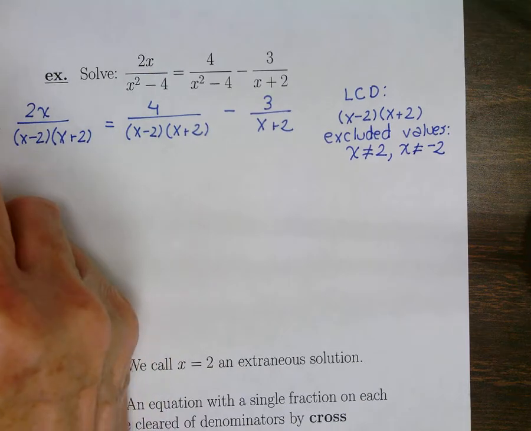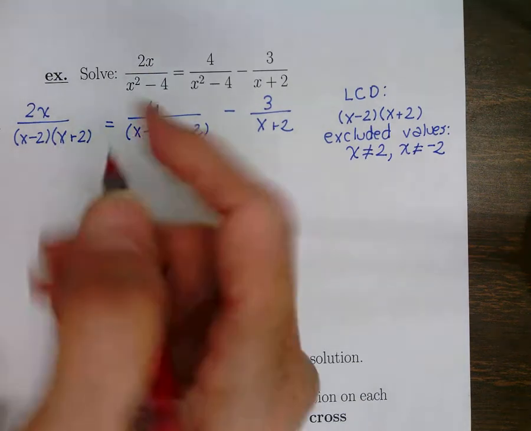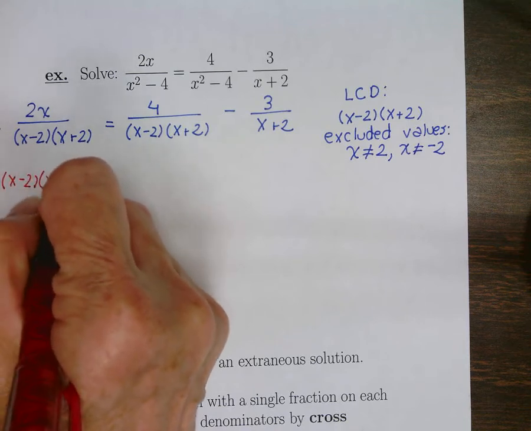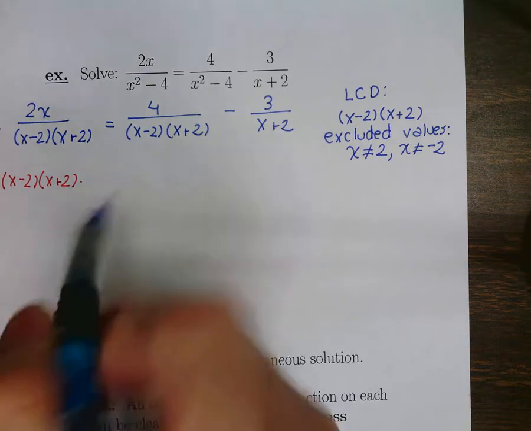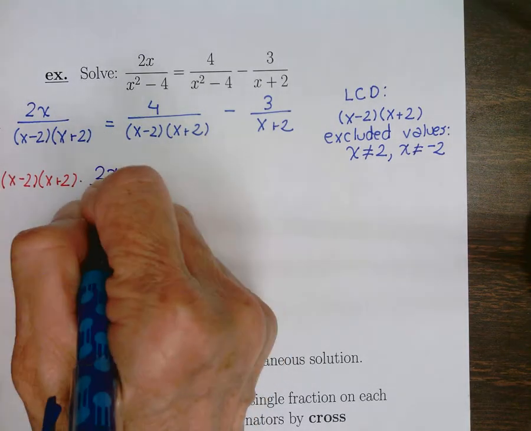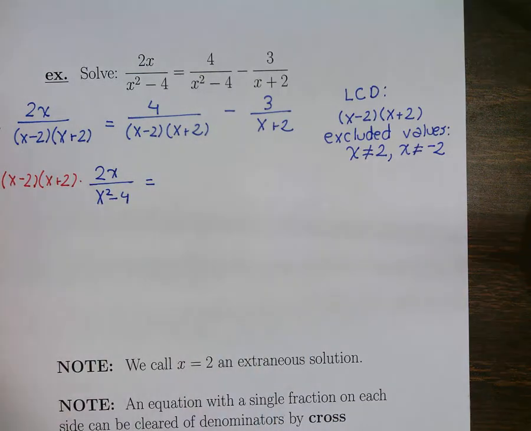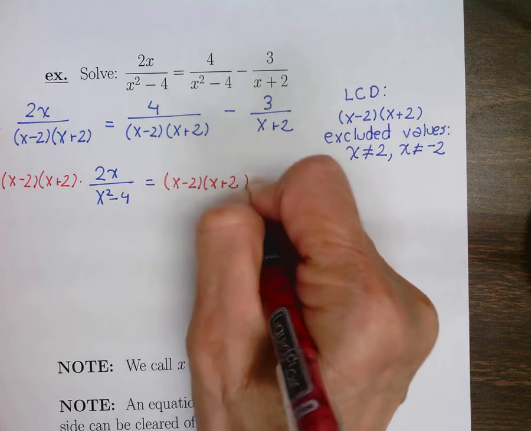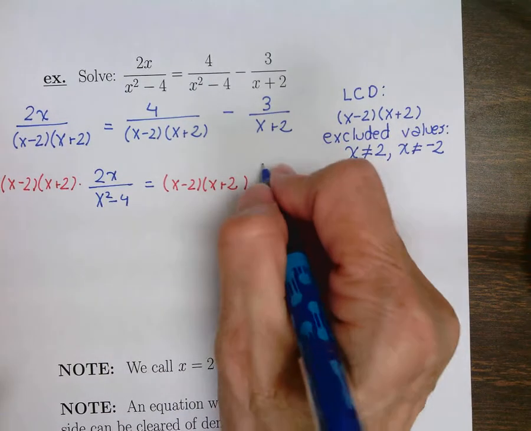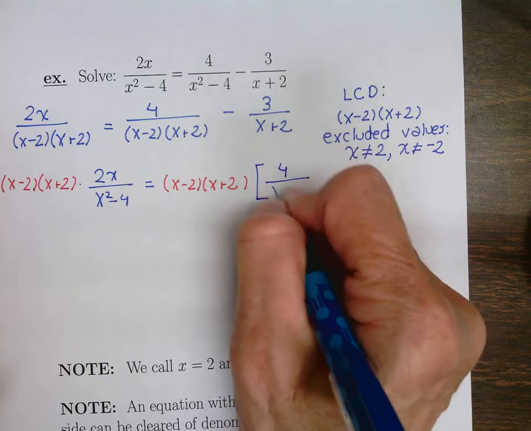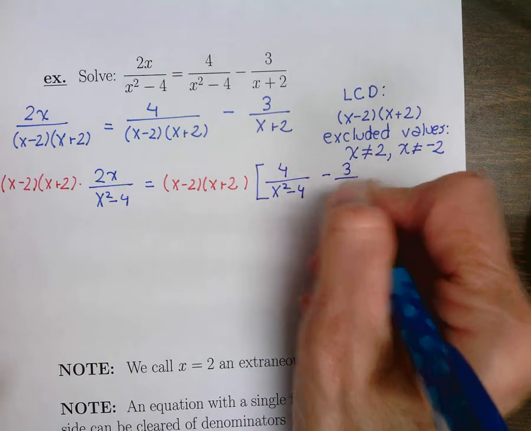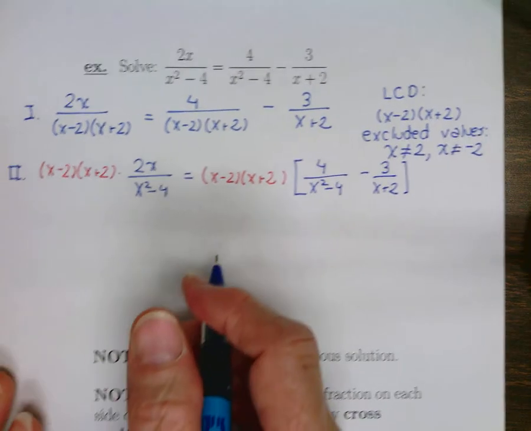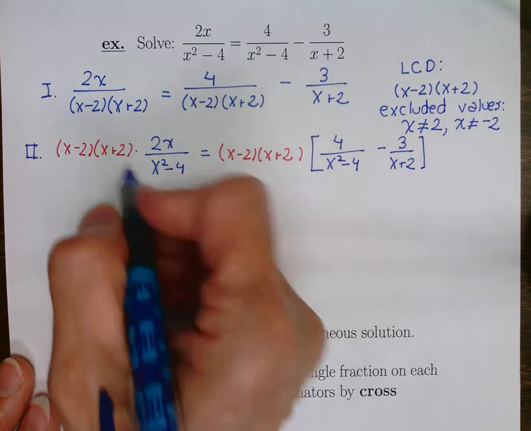Okay, so now I multiply through by that least common multiple or least common denominator. So it'll be x minus 2 times x plus 2 times 2x over x squared minus 4. And then it's going to be x minus 2 times x plus 2, again times that whole expression. And when we do that, of course, what happens is we are able to clear the fractions.